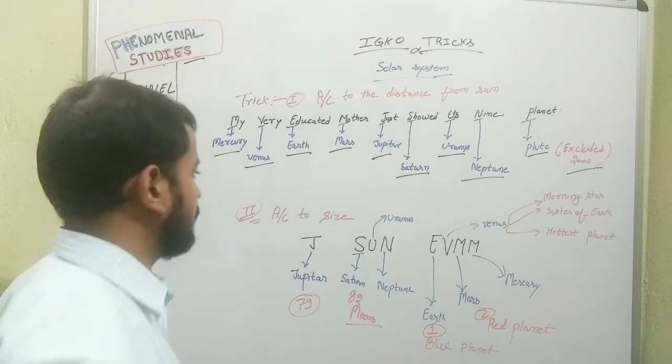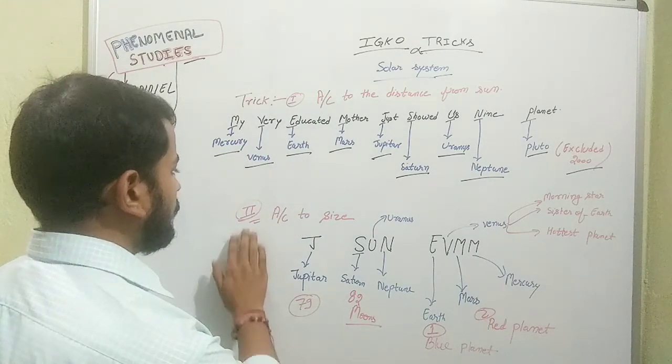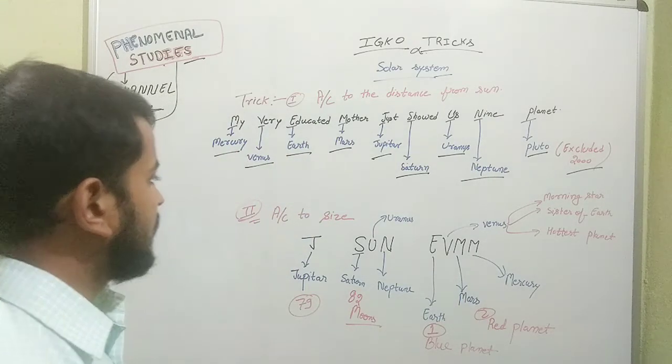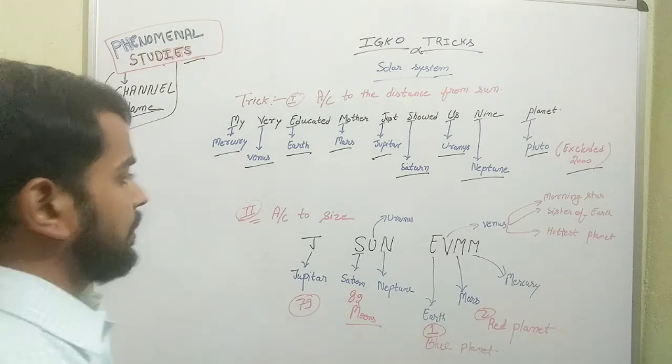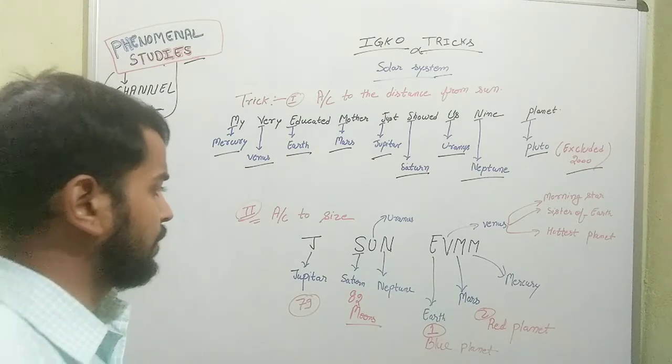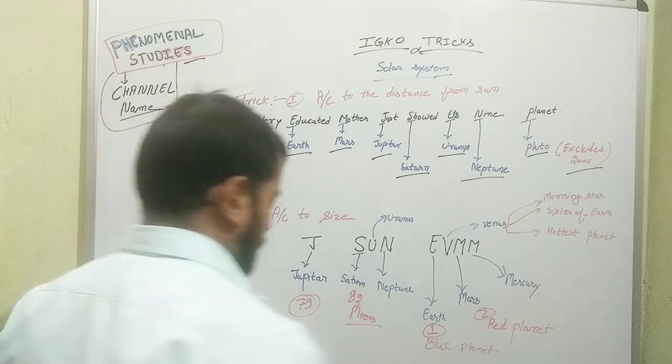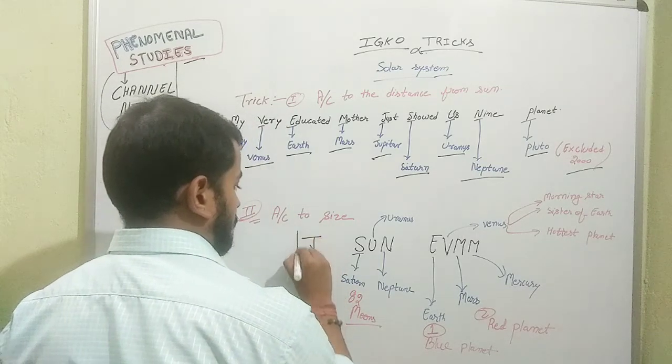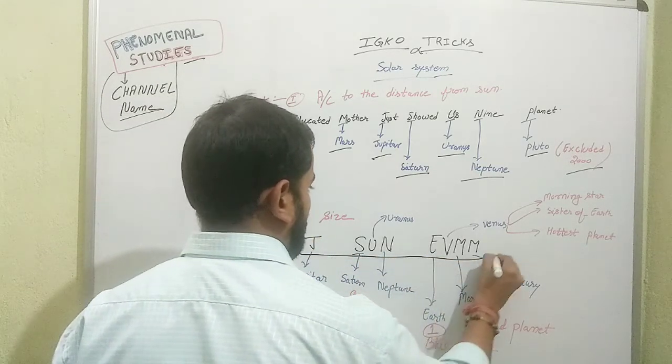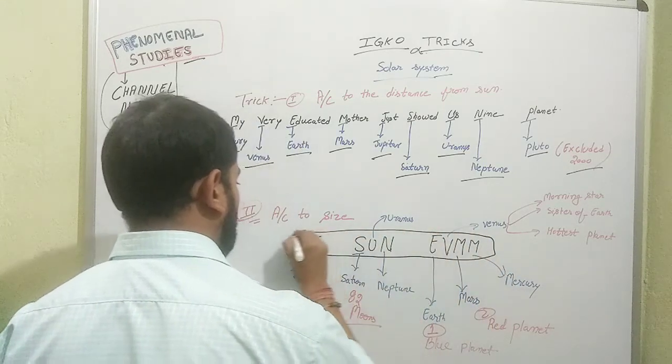So it's like that. Now let's talk about the size-wise separation, or the size-wise naming. So it's again a kind of symbolic representation, like J Sun EVMM.